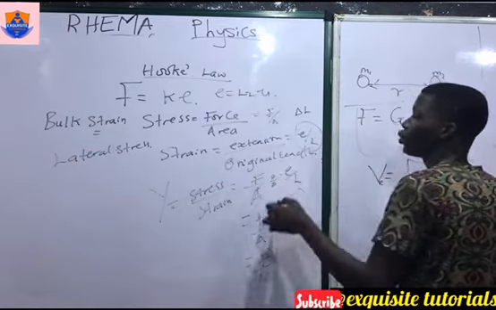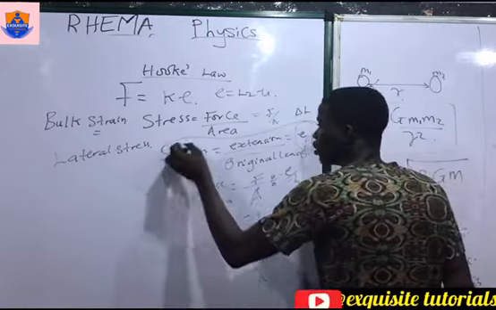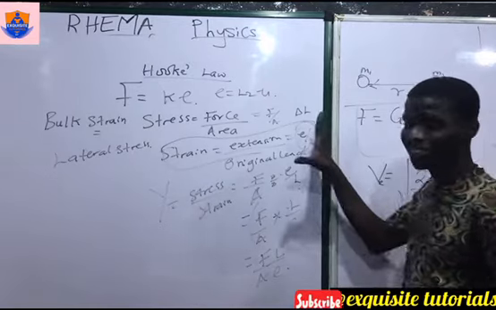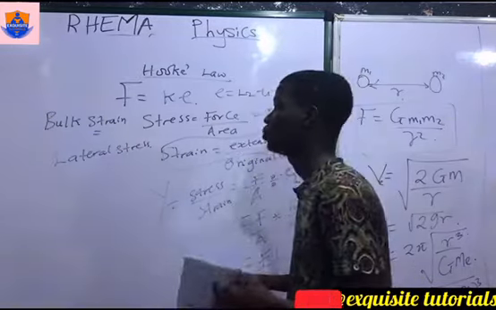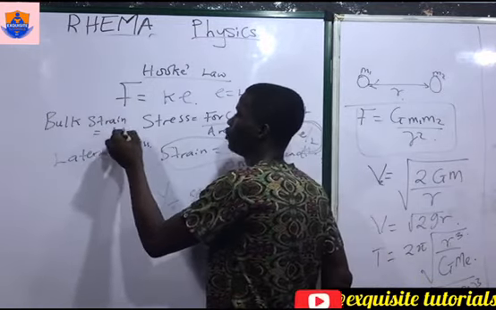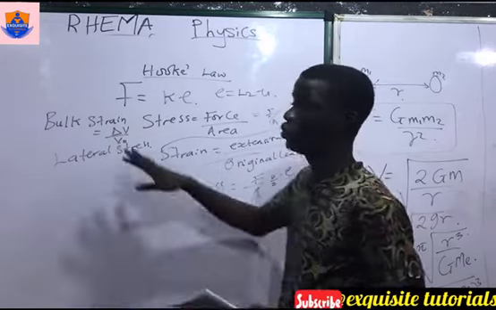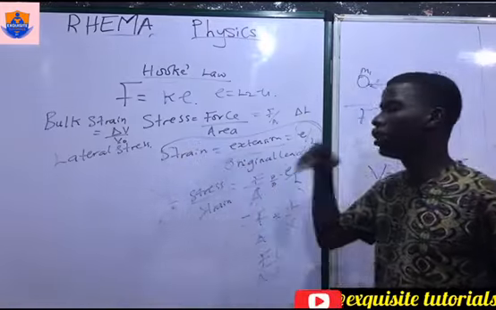But the bulk strain has to do with our fractional change in volume. That is our change in volume divided by the original volume. So that is that for the bulk strain.